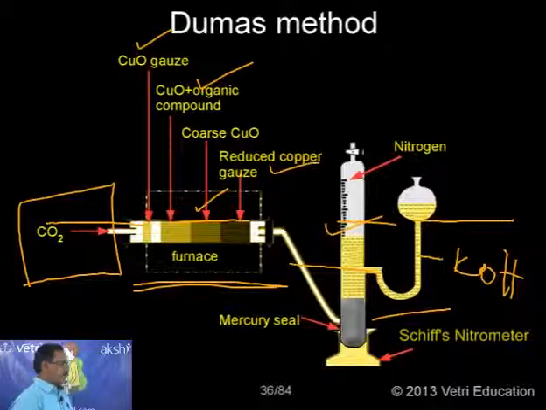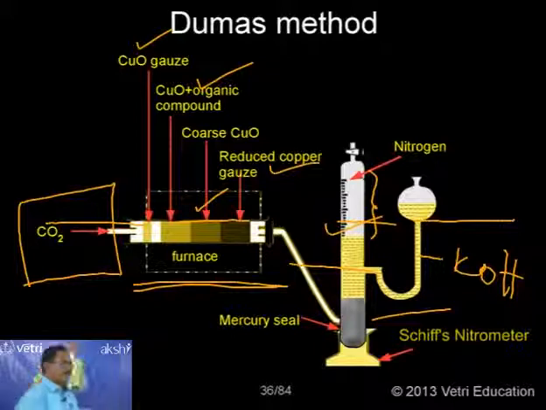So we take a known quantity, W gram, introduce it into the combustion tube, and heat strongly with the help of a furnace. The nitrogen present in the organic compound will be converted to nitrogen gas. If any nitrogen oxide is formed, it will be reduced by the reduced copper. This nitrogen gas will be passed over and collected over mercury, over the potassium hydroxide.